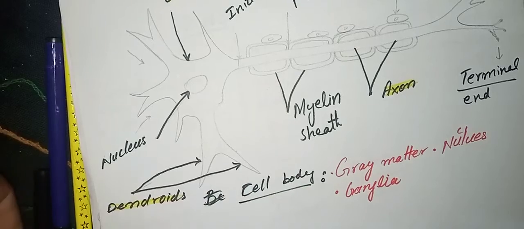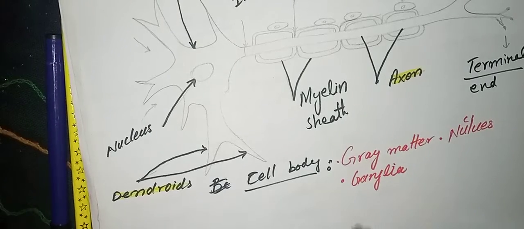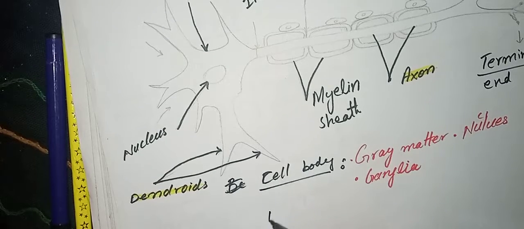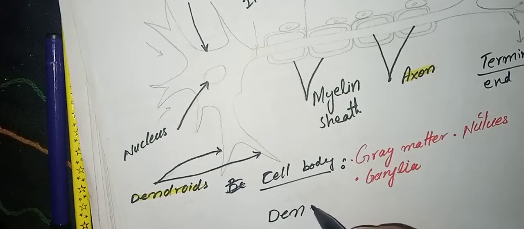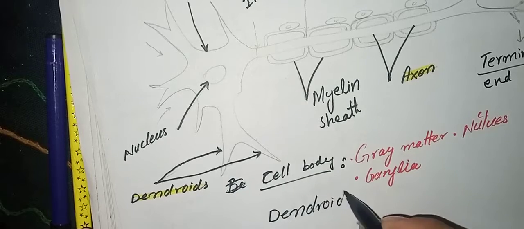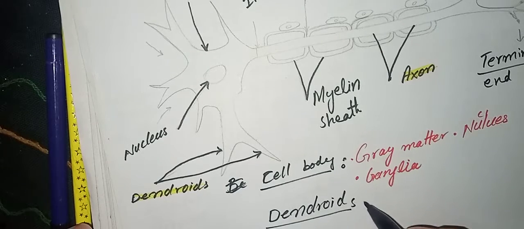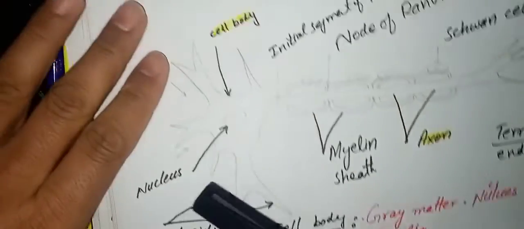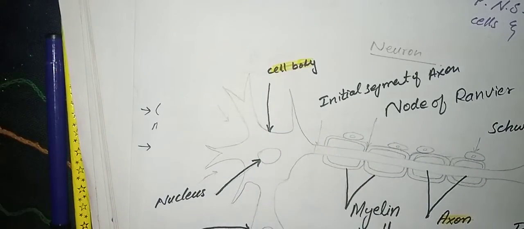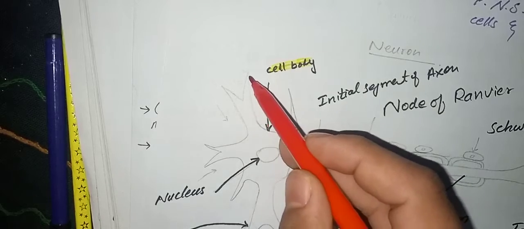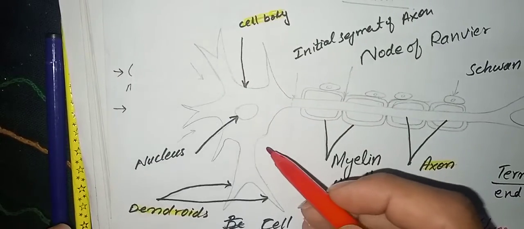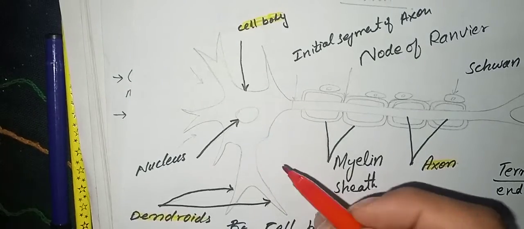And the second point is dendrites. As you can see, these are dendrites, like a tree, in the nervous system.